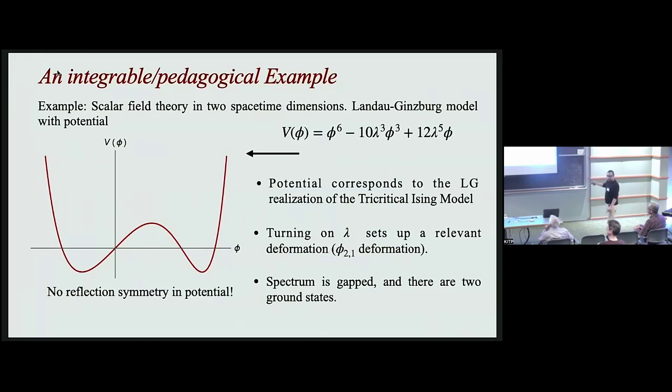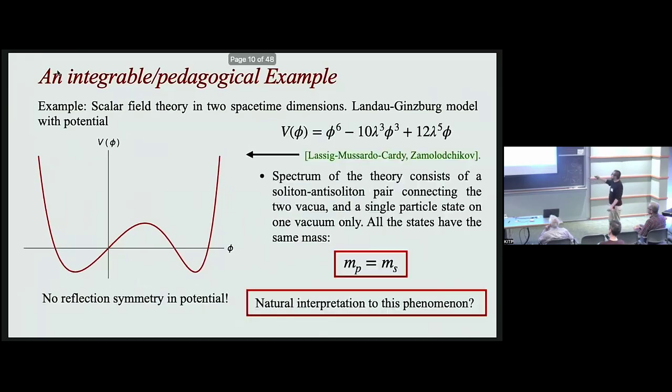Now, why is this model interesting? Thus far I have just shown you a potential. It is because this model can actually be solved exactly by integrability. We can bootstrap the system, and we can find the spectrum and the scattering S matrix exactly. But here, mostly we care just about the spectrum, and we are going to find that, as we expect, there is one soliton and anti-soliton.